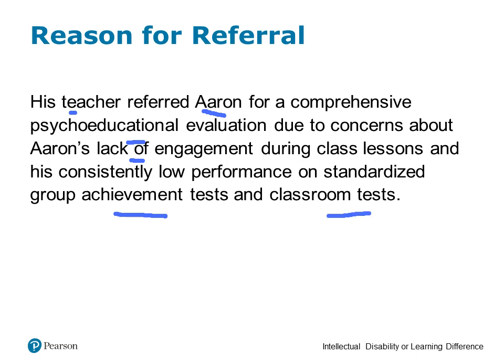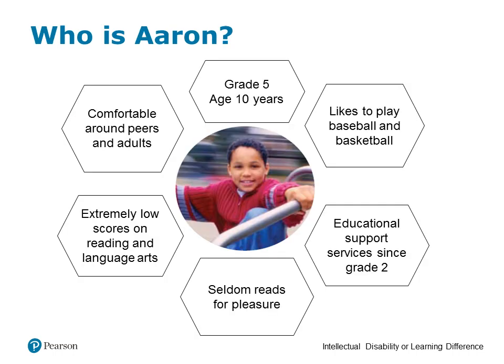So I want to say a bit more about the reason for the referral, but before I do, I'd like us to get to know Aaron just a little bit. So who is Aaron? Aaron is in grade 5, and he is 10 years old, and immediately when you get that information, you start thinking, well, his grade placement is appropriate for his age.